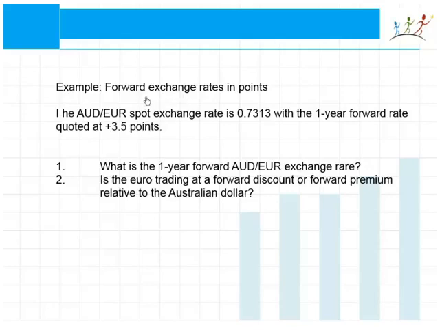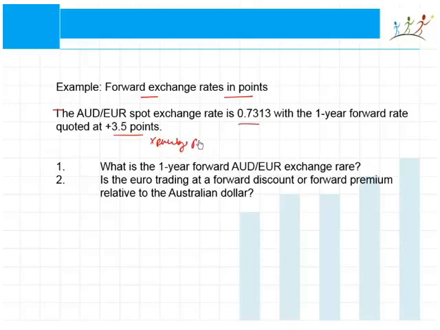We'll next study how to calculate the forward exchange rate in points. So please recall, the forward exchange rate is the rate agreed upon today for an exchange to happen sometime in the future. So if the AUD to Euro spot exchange rate is 0.7313 with the 1 year forward rate quoted at plus 3.5 points. Please note, this is not percentage points.